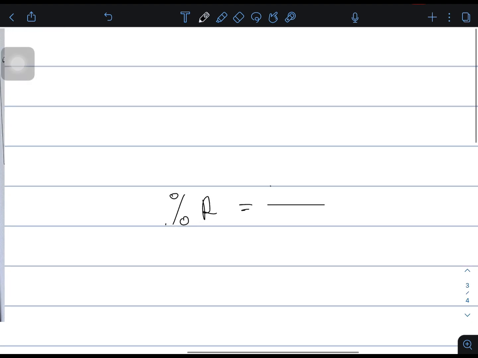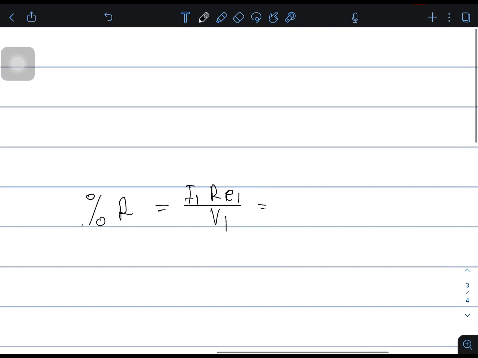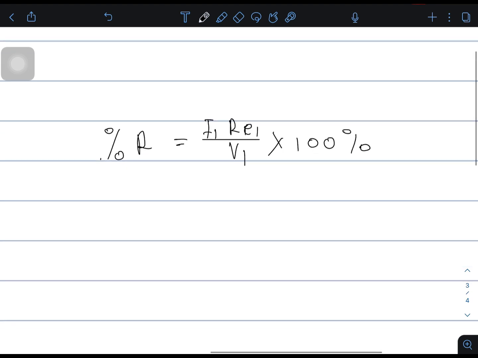So I1 RE1 over V1, which equals, we multiply by 100 because we want it in percentage value. Notice here I wrote PU to signify per unit.